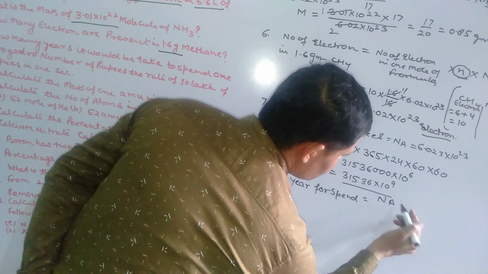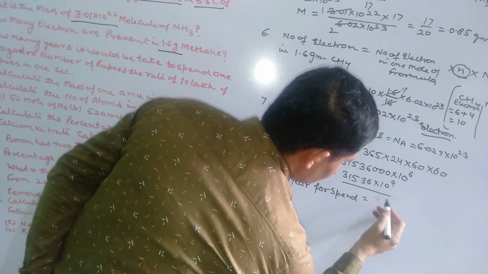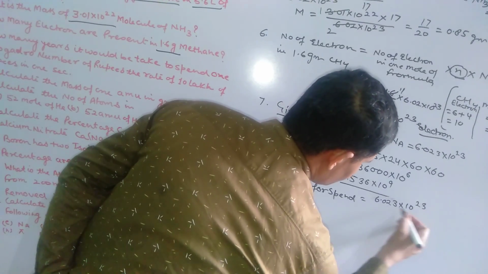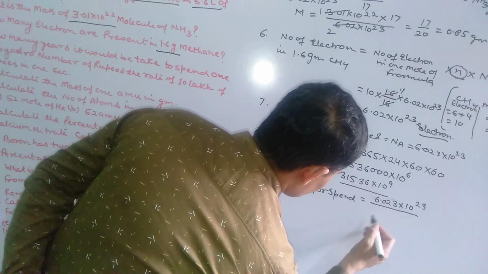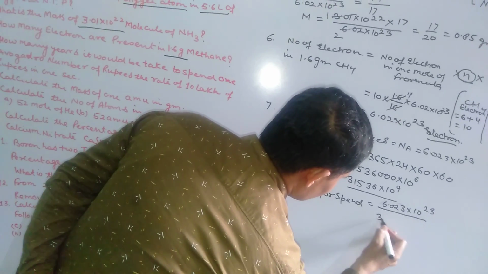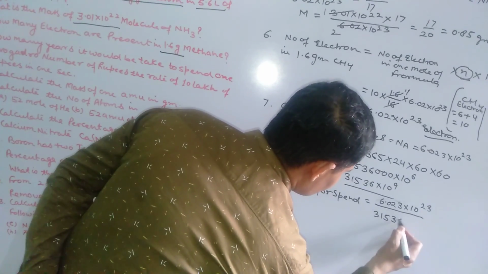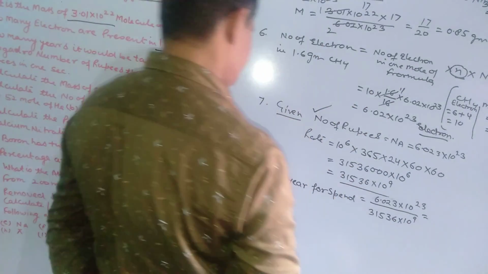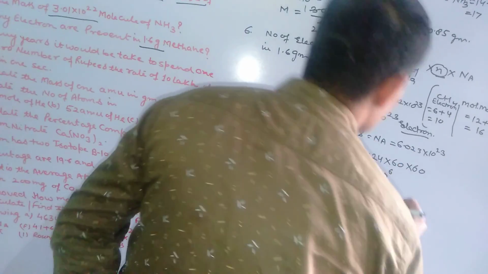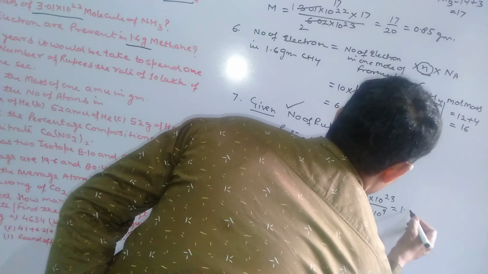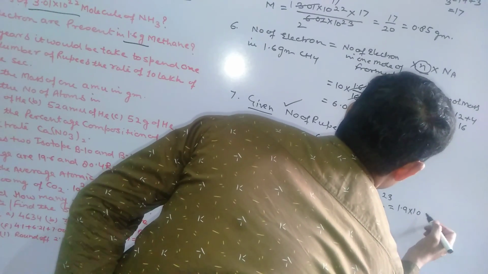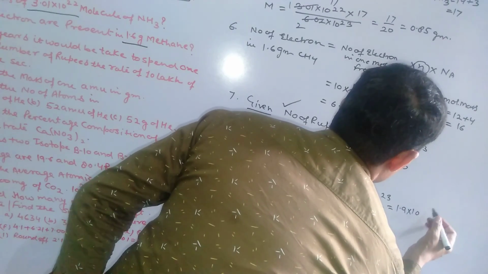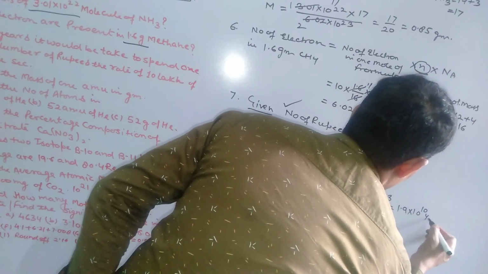It means 6.023 into 10 to the power 23 upon 31536 into 10 to the power 9, and the value is 1.9 into 10 to the power 10 years.